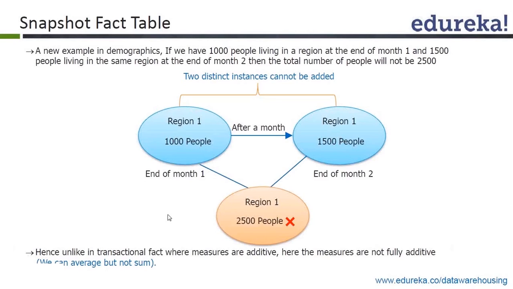If you have a fact table which contains region 1, region 2, region 3 at end of month 1, then you can see the total number of people at end of month 1. So in the region dimension you can add them. Across the region dimension you can add, but not across month. So that is semi-additive.